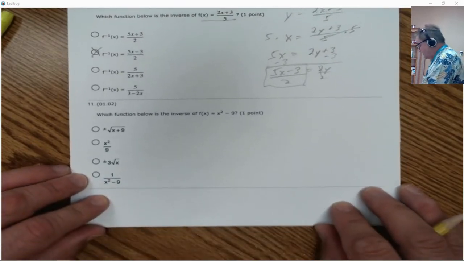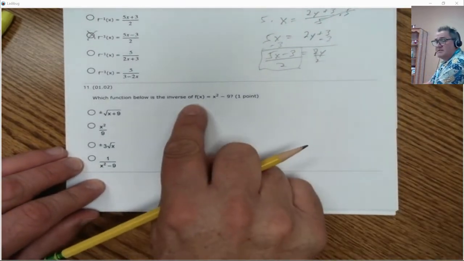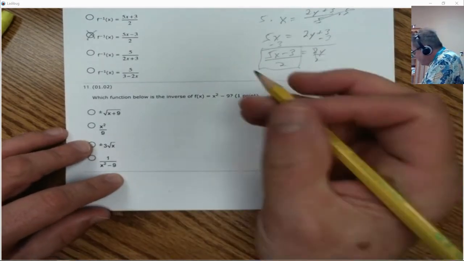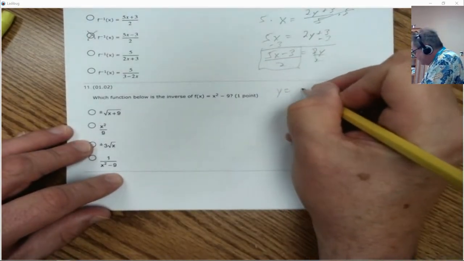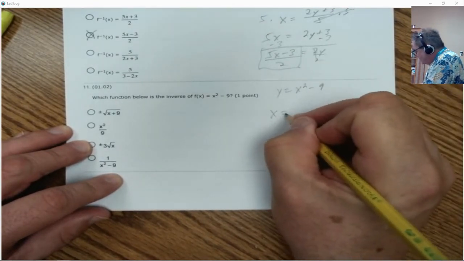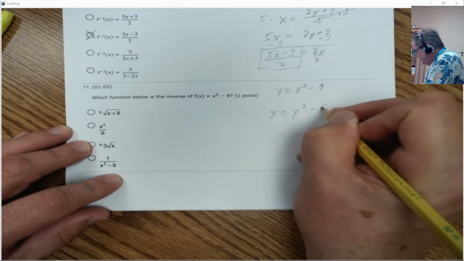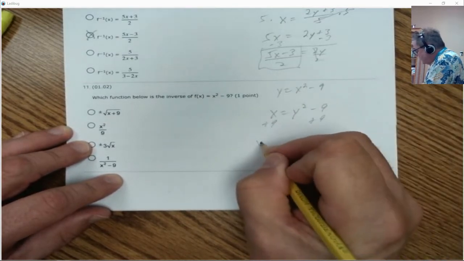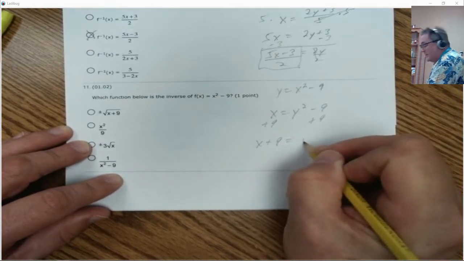All right. Which function below is the inverse of this? F of x equals x squared minus 9. Okay, so y equals x squared minus 9. X equals y squared minus 9, plus 9. X plus 9 equals y squared.